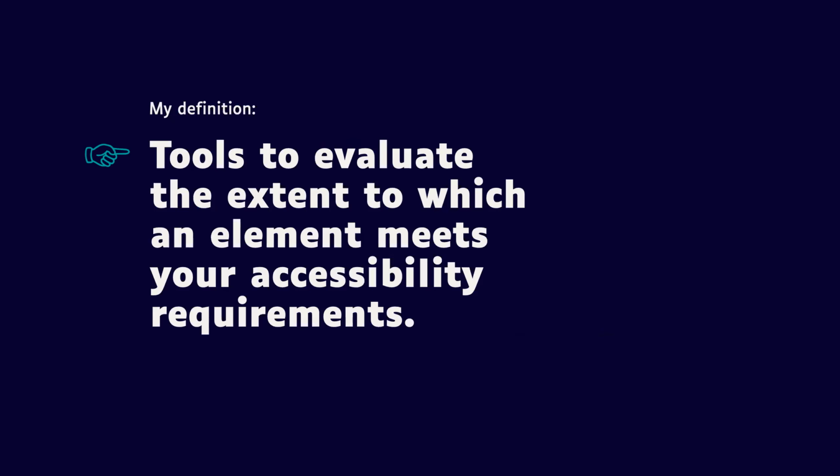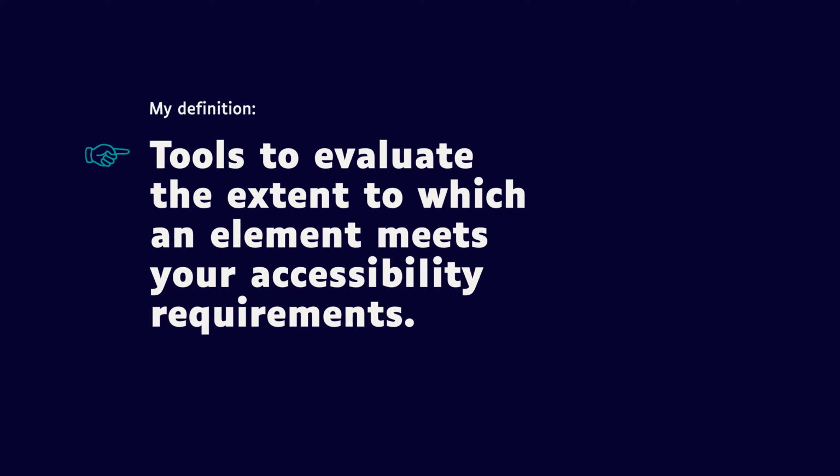There's no clear definition of what accessibility checklists are from the Oxford dictionary, or whatever great dictionary reference. So I just came up with my own definition, which is tools to evaluate the extent to which an element meets your accessibility requirements.